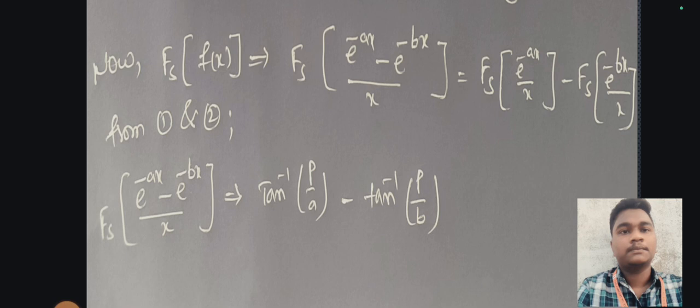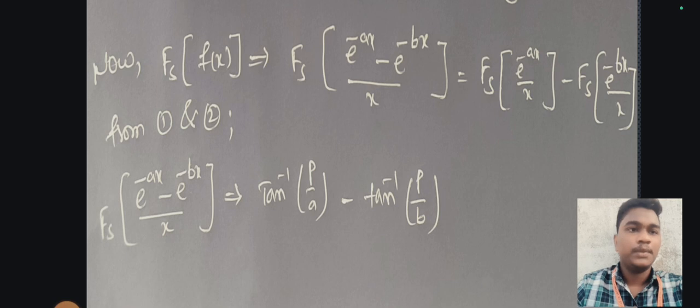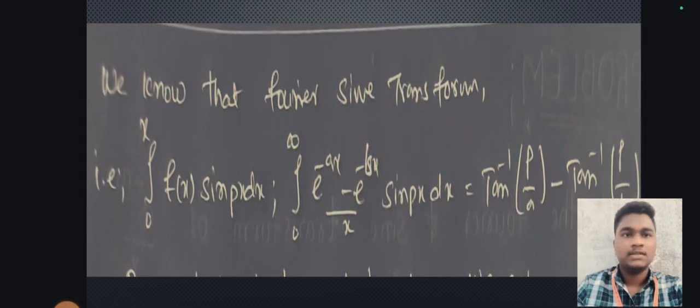So combining equations 1 and 2, F_s of f of x is equal to tan inverse of p by a minus tan inverse of p by b. We get this equation. Let us go forward in this problem.